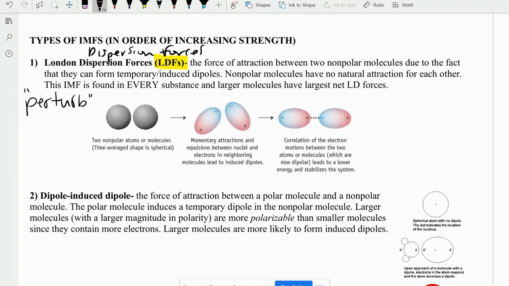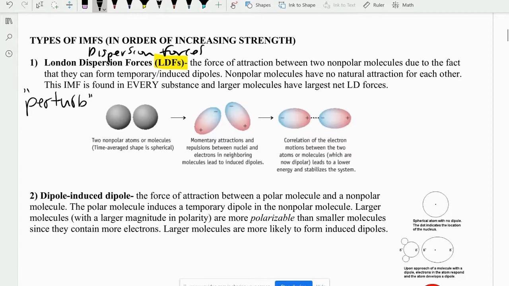And you can see that in this middle image, one side of the molecule is negative and one side of the molecule is positive. Again, this is temporary. If we are leaving that sample back to its normal conditions, it would resettle back into a normal nonpolar atom. But again, since we've disrupted it and created some type of agitation, it's created a momentary or temporary dipole.